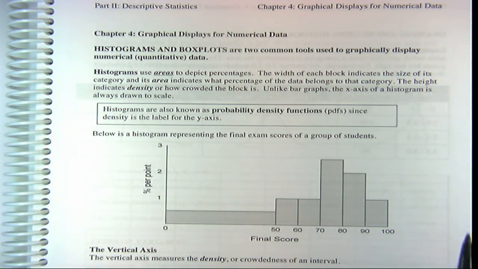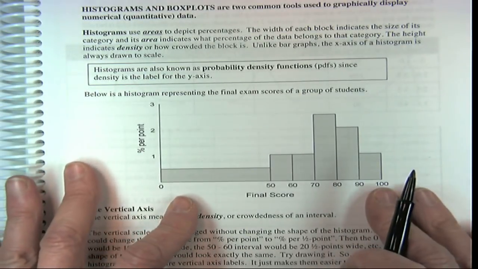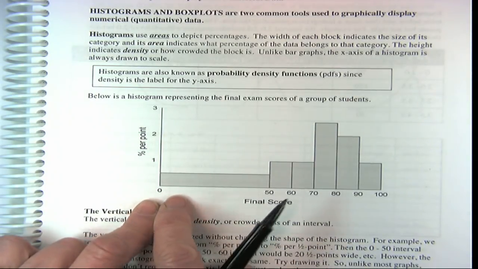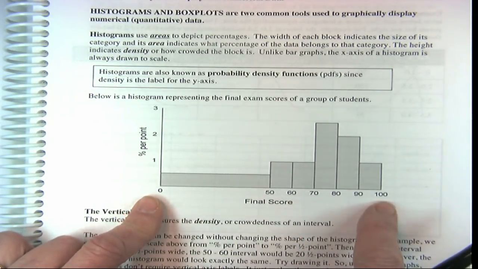So now, what are histograms? Here's a histogram. It looks like a bar graph. The difference between a histogram and a bar graph is that this x-axis is drawn to scale.